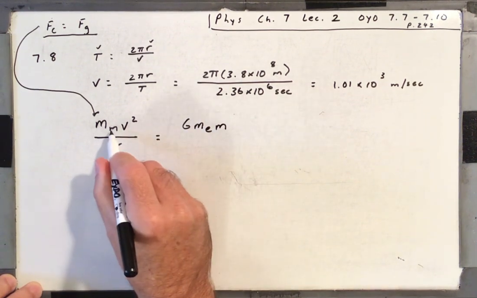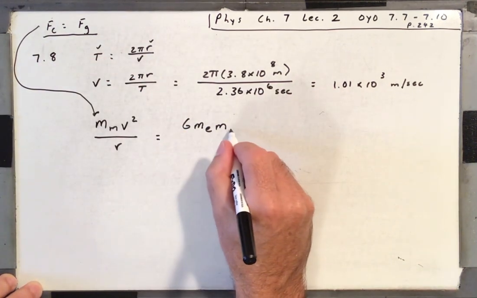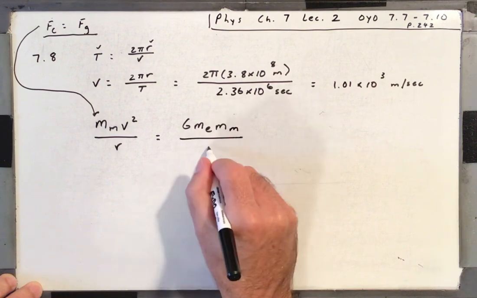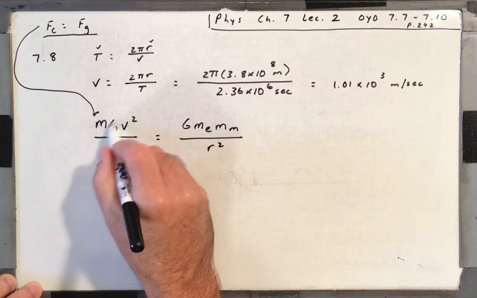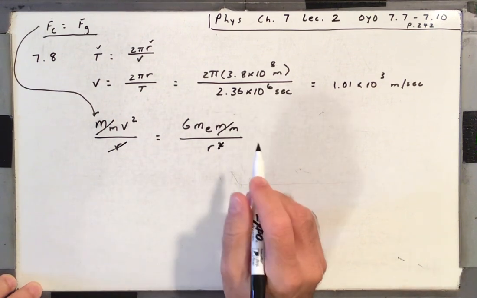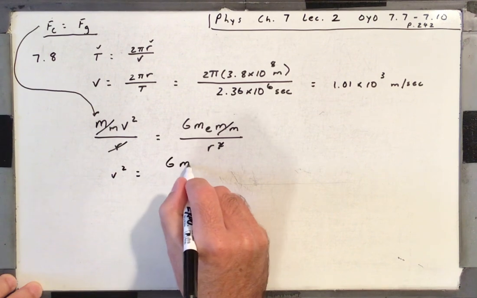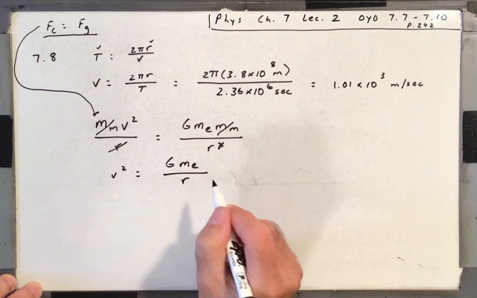So the one doing the orbiting is what goes within F sub c, not the mass of the Earth. The mass of the moon ends up canceling, one radius ends up canceling, and I have v squared is equal to G times the mass of the Earth over r.